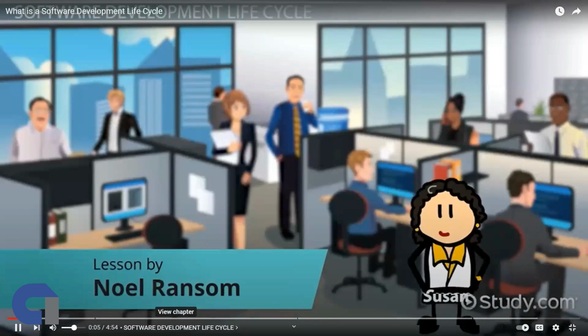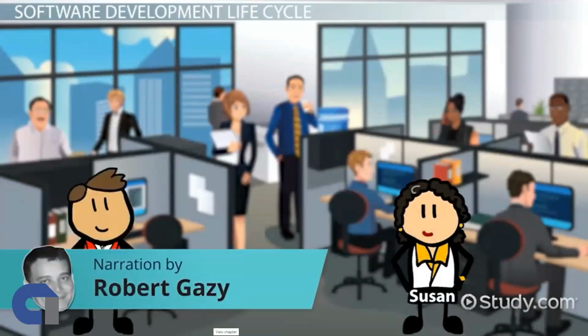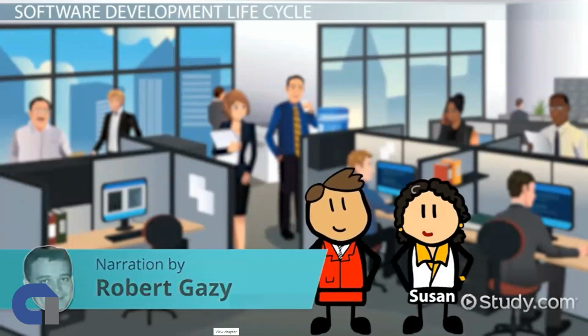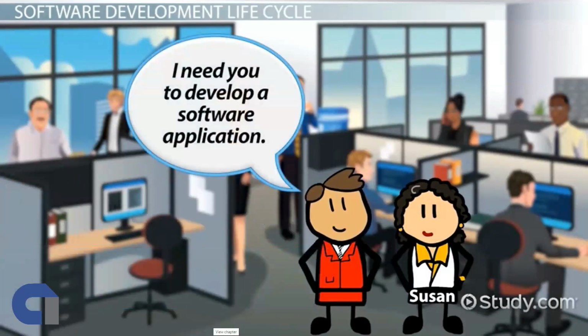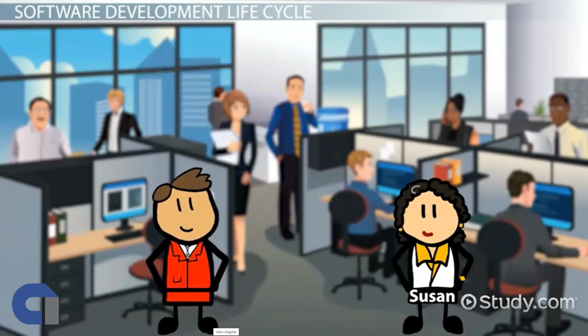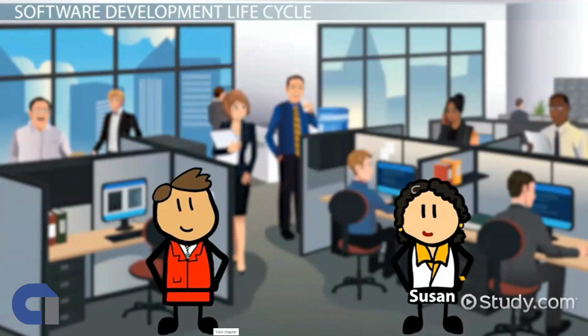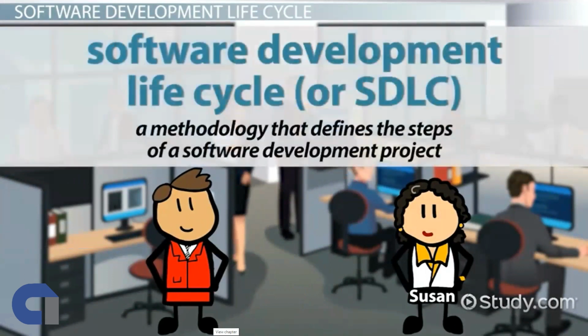Susan works at a company that specializes in completing various technology projects. Her supervisor has assigned her a project to develop a software application for a new client. She needs a process to follow to ensure she completes the project and doesn't forget any critical steps needed to develop the application. Susan decides to review the Software Development Lifecycle, or SDLC, to get guidance on how to implement her project.